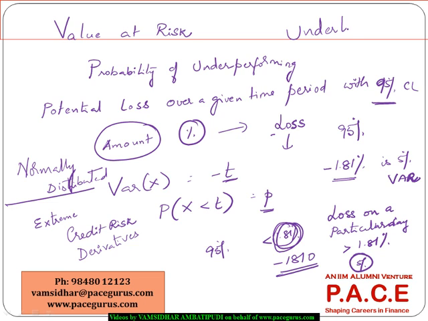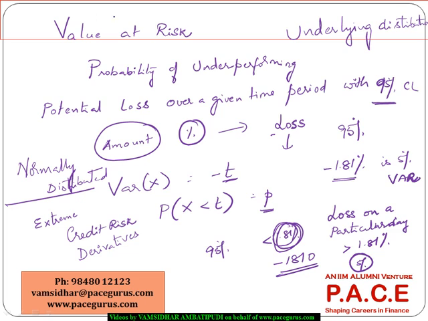Its effectiveness depends very much on it, and because of that we need to model the underlying distribution quite effectively if we have to arrive at a better measure for the value at risk.